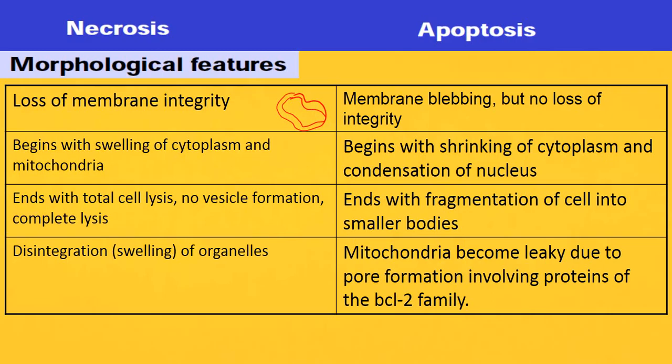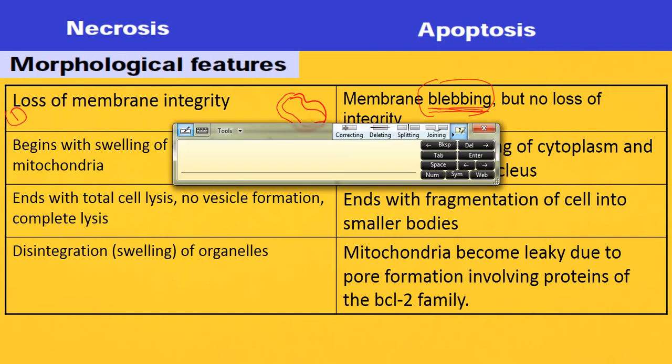Whereas in apoptosis, there is not complete loss of membrane integrity; there is membrane blebbing but no loss of integrity. So if someone asks in which form of cell death you find membrane blebbing, it is apoptosis and not necrosis.